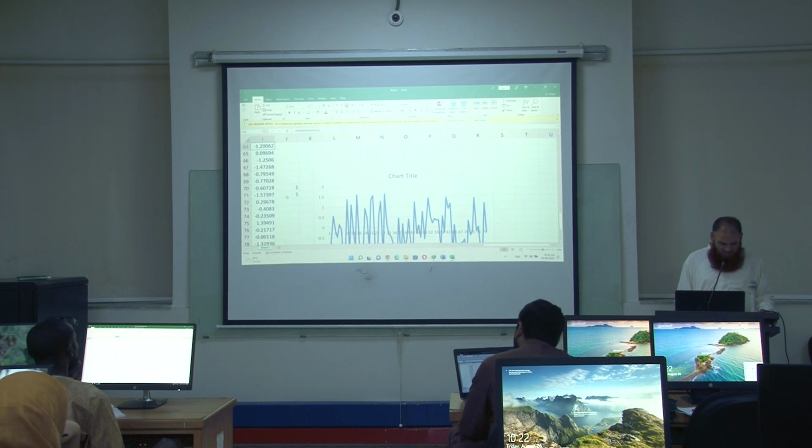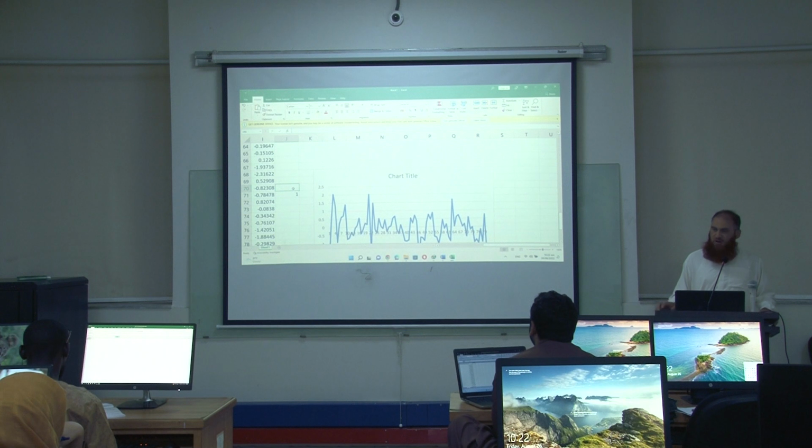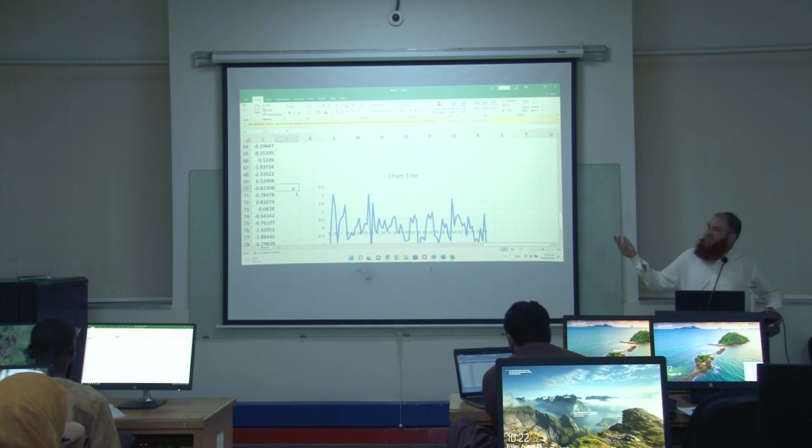It should change automatically. Yes, that's all right. But if you are pressing this delete button anywhere in the Excel sheet, all of the data will be regenerated and you can see the second graph.